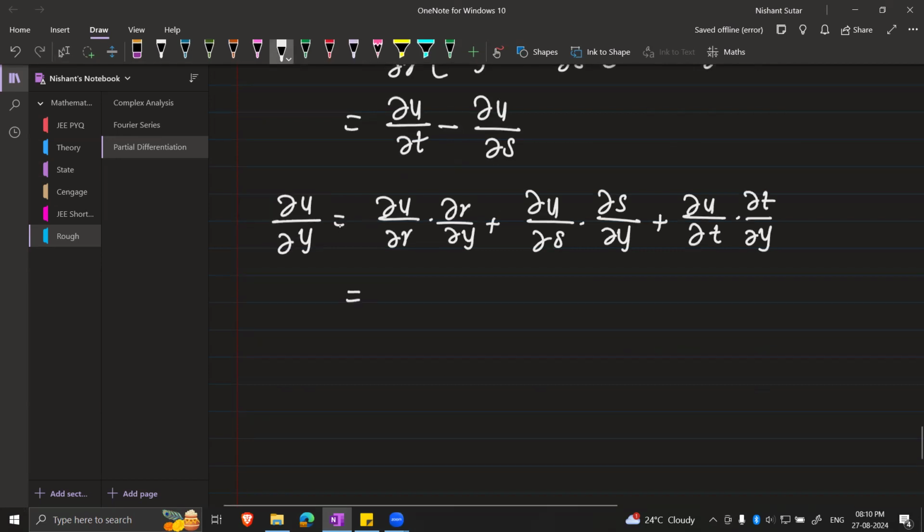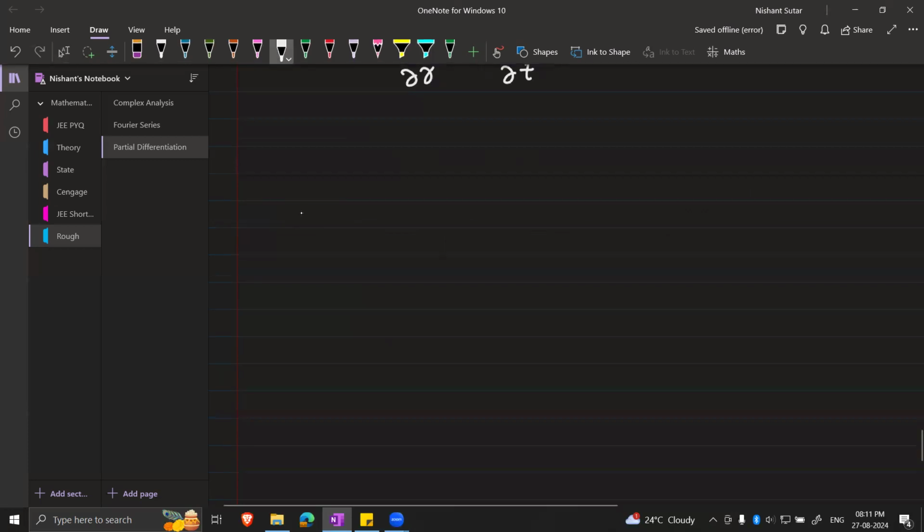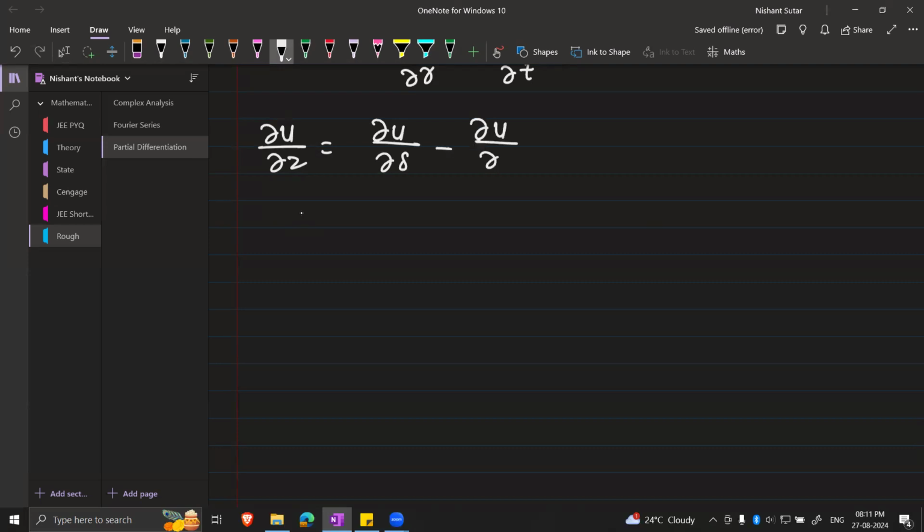So this is del u by del r into, since we are differentiating with respect to y, it's 1, del u by del s into 0, minus, or I should write plus first, it's minus 1. So this will be del u by del r minus del u by del t. Similarly, you can see that del u by del z will be del u by del s minus del u by del r.